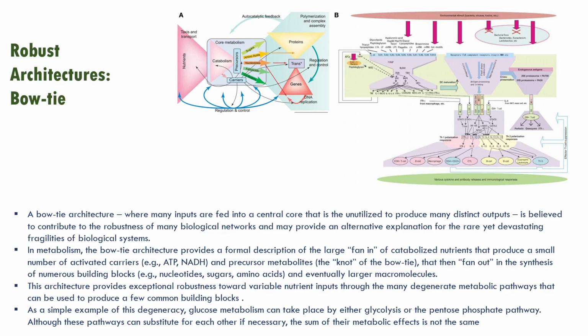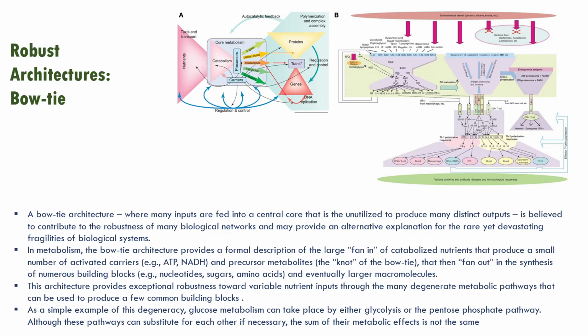This architecture provides exceptional robustness towards variable nutrient inputs through many degenerate metabolic pathways that can be used to produce a few common building blocks. A simple example of this degeneracy is glucose metabolism. It can take place either through glycolysis or through the pentose phosphate pathway. Although these pathways can substitute for each other if necessary, the sum of the metabolic effects is not the same.